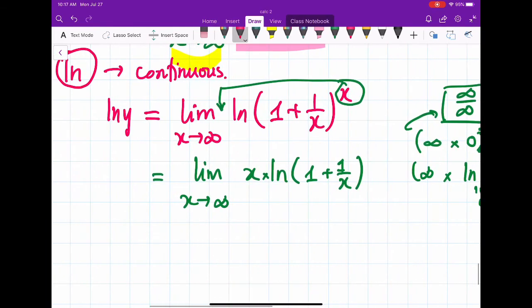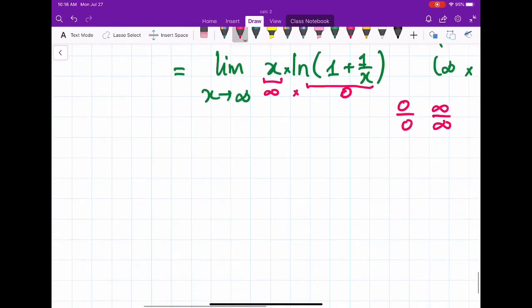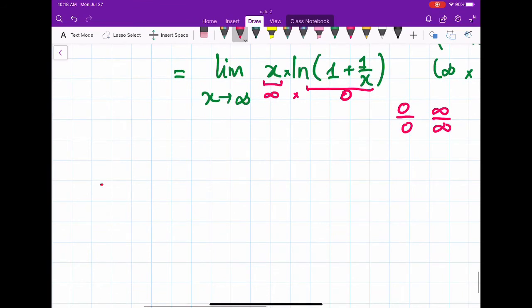Okay, let's consider this example. So this is infinity, this is 0. You want to get one of the forms 0 over 0 or infinity over infinity. So you need to decide. You want to divide by x or you want to divide by 1 over ln of 1 plus 1 over x. Let me write out two forms and then we will decide together. So I might have one of the following.